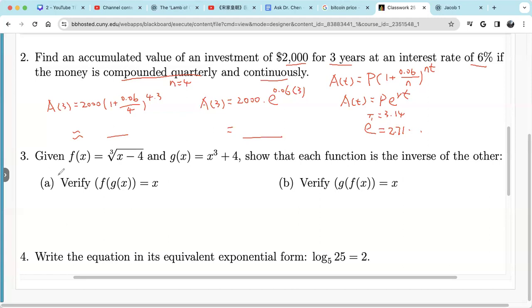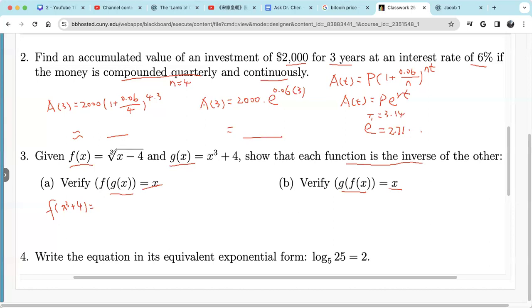Now let's see 3. We're given the f function and the g function. We want to show those two functions are inverses of each other by showing f composed with g is the identity, which is x, and g composed with f is also x. So for the first one, we just plug in g as the input of f. So g is x cubed plus 4.